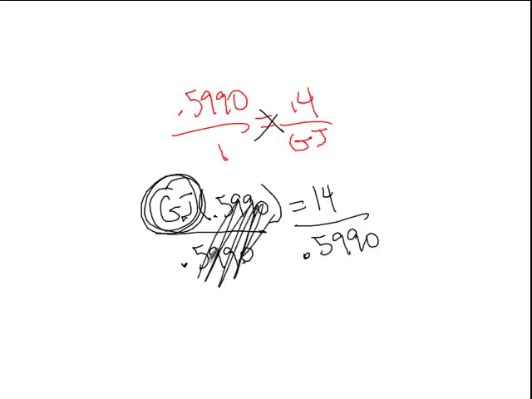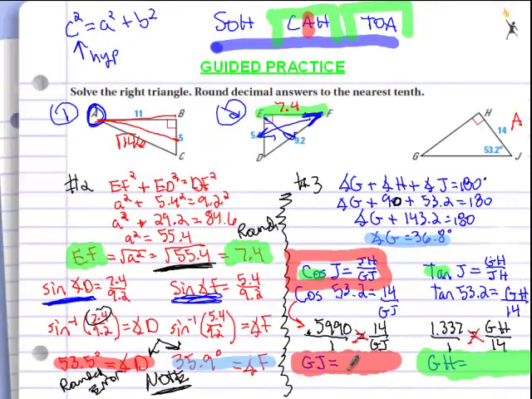When I do that, these cancel out, and I'm left with GJ equals 14 divided by 0.5990. And I find GJ to be 23.4 rounded to the nearest tenth.